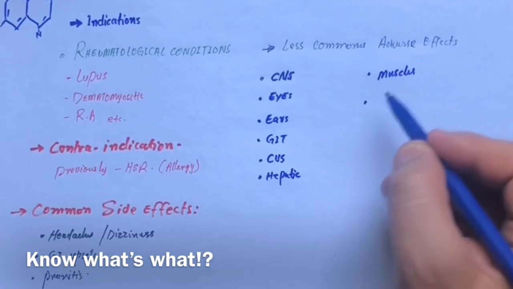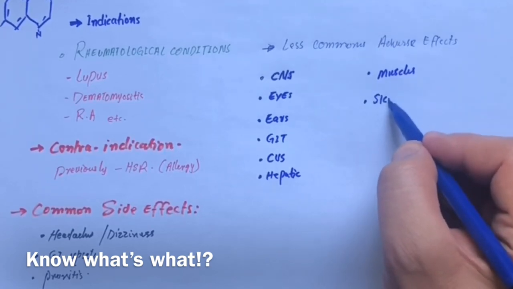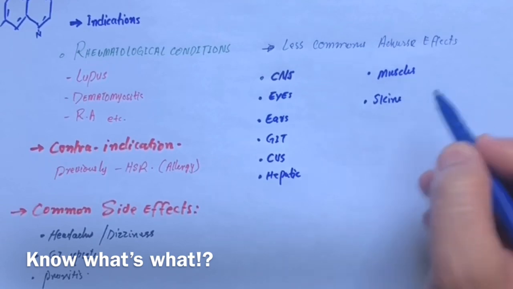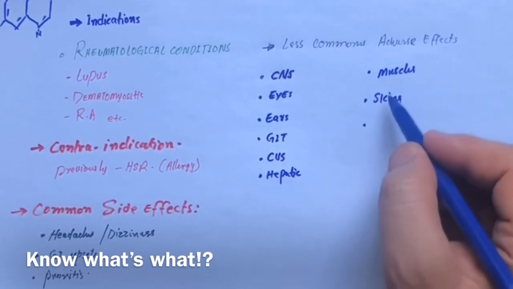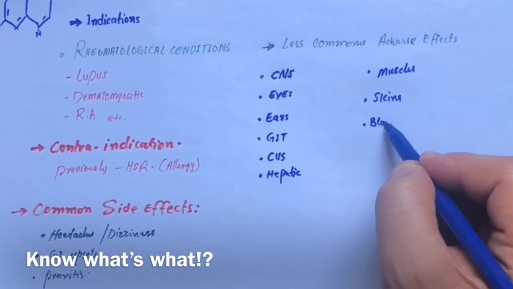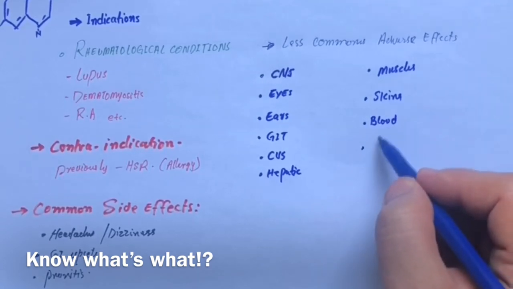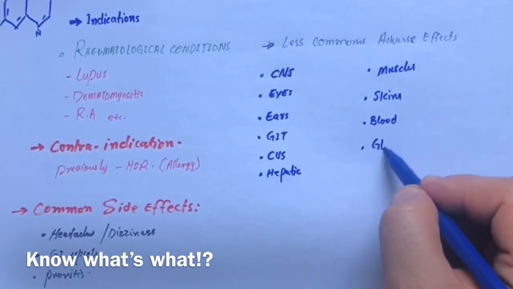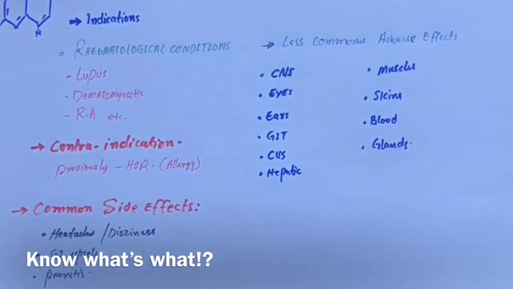On the skin, it will cause pruritic maculopapular rash, hyperpigmentation, hair loss, and Stevens-Johnson syndrome. Its effects on the blood will be anemia, pancytopenia, and aplastic and hemolytic anemia. And in case of the glands, it will cause hypoglycemia. So this is all about the adverse effects of chloroquine and hydroxychloroquine.